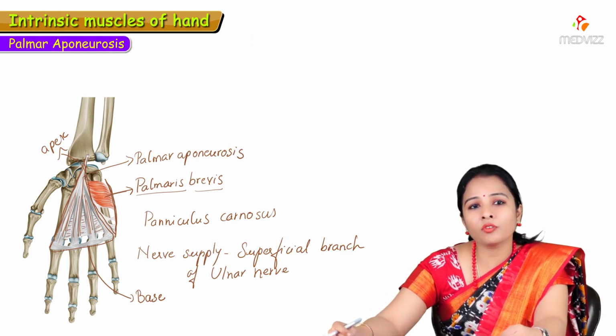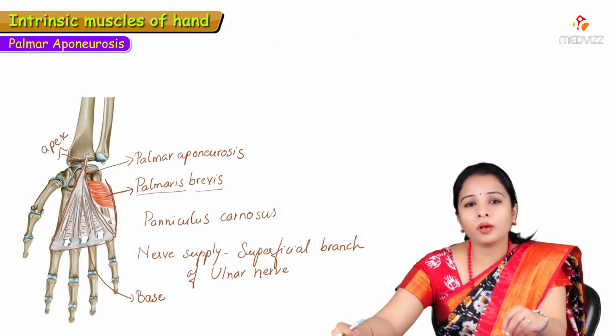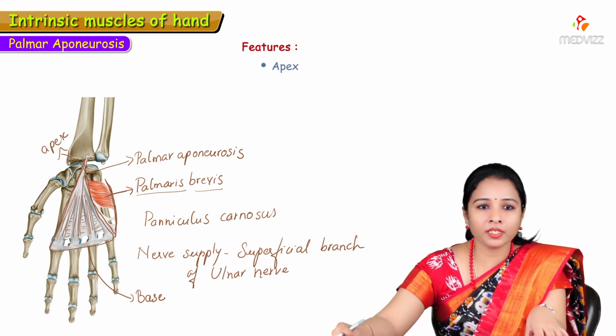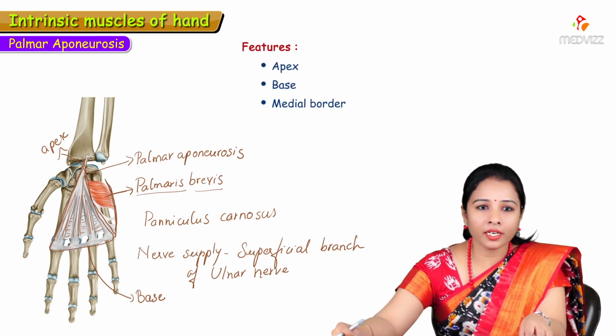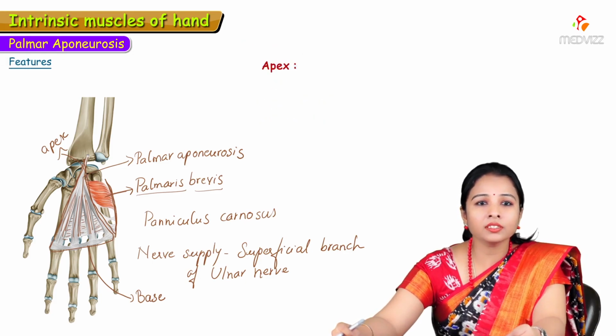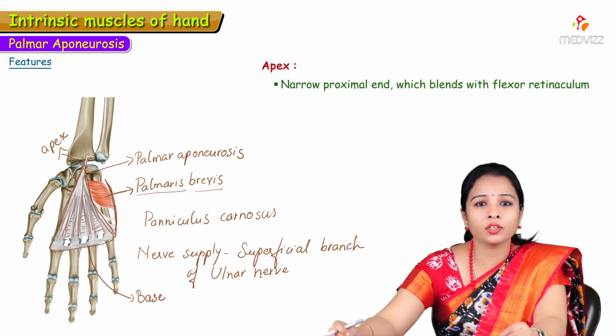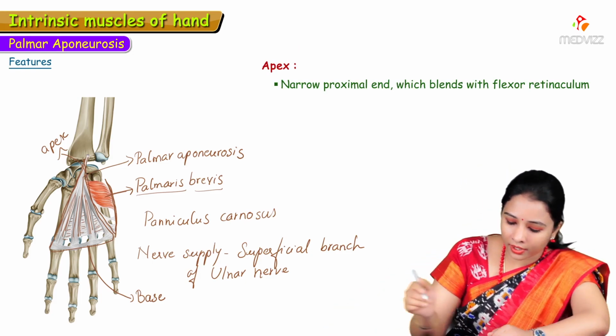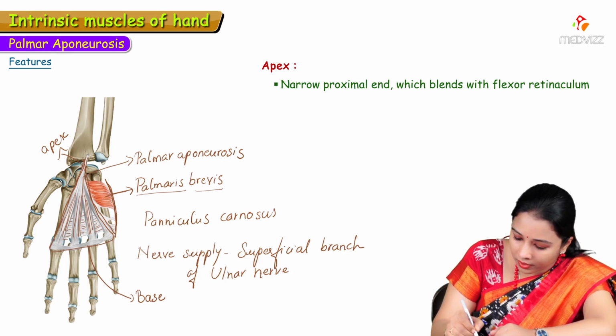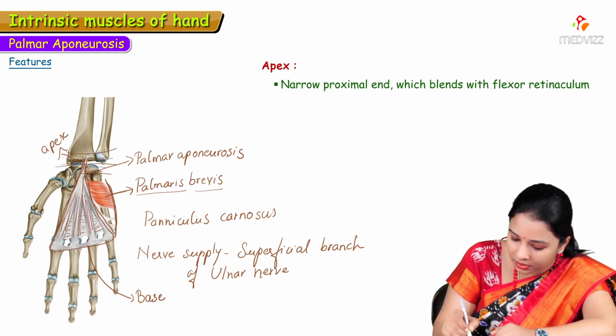Let's see the features of the palmar aponeurosis. The palmar aponeurosis presents an apex, base, medial border and lateral border. The apex is narrow and is the proximal end of the palmar aponeurosis, which blends with the flexor retinaculum. Here we have the flexor retinaculum, which is present in front of the carpus.